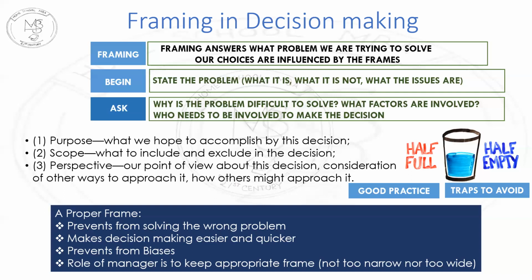Now, half full people, they are very creative, they are strategists, and they believe in future, and they are proactive. Half empty, basically they are pessimistic people. They are very weak in planning and things like that. Now, that's what we mean by preventing from the biases.